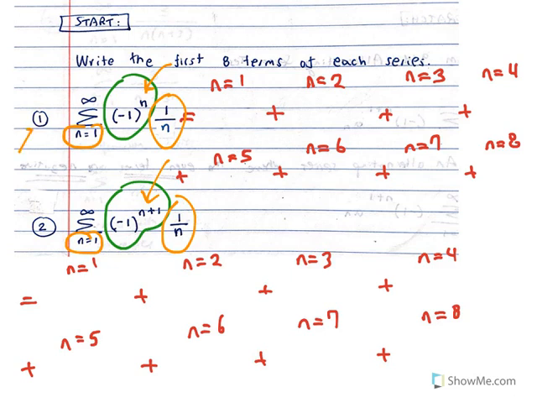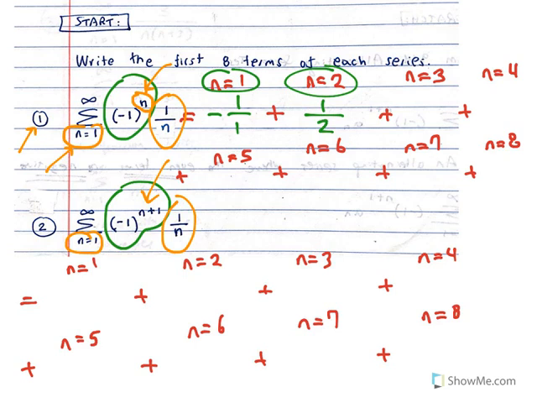So in the first problem, because we're starting at n is equal to 1 and we're raising negative 1 to the n power, for odd numbered terms we will get negative terms. So let's go ahead and take a look at that. Negative 1 to the first power is negative 1, so we'll get negative 1 over n. n is 1, so 1 over 1. For n is equal to 2, negative 1 to the second power will be positive 1, so we get 1 over n, n is 2.